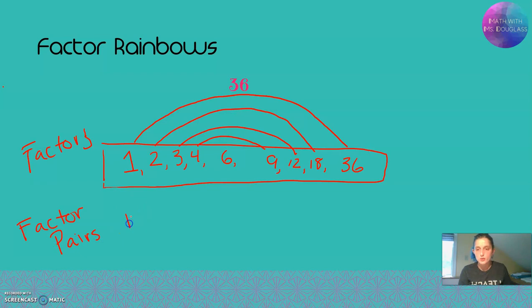So I would say 1 times 36, that's a factor pair. 2 times 18, that's a factor pair. 3 times 12, that's a factor pair. 4 times 9, that's a factor pair. And 6 times 6. So this is not 2 distinct factors, but they do make the factor pair. So if I'm listing factor pairs, I do want to have that 6 times 6. If I'm just listing distinct factors, I'm only going to list the 6 one time. And those are our factors and factor rainbows.